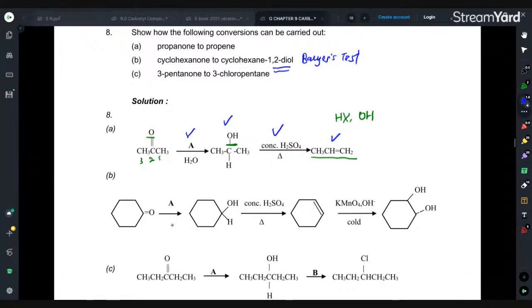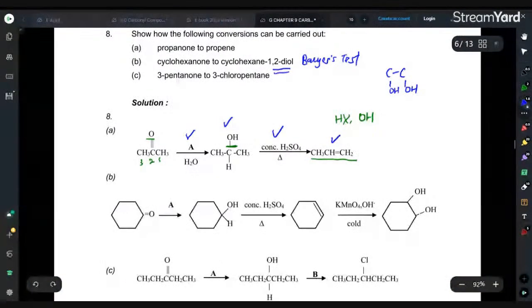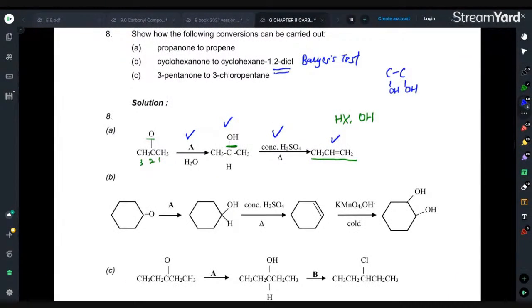Okay, I want to guide you all. A 1,2-diol means OH groups side by side, like this. There is another name: I will always check for vicinal diol and geminal diol. You have to know what a vicinal diol is, because if the question says vicinal diol, it means side by side.